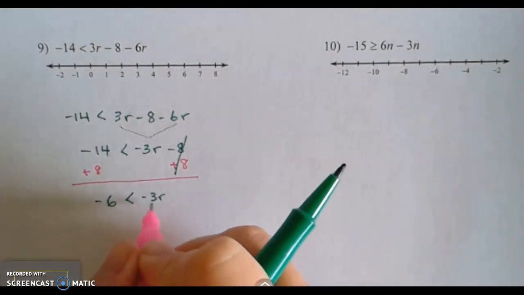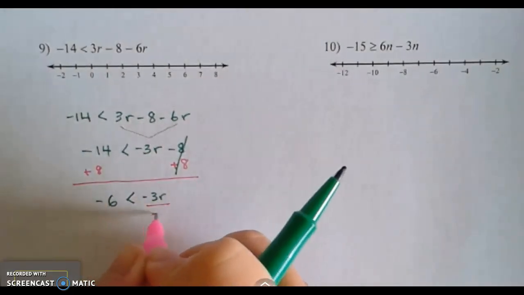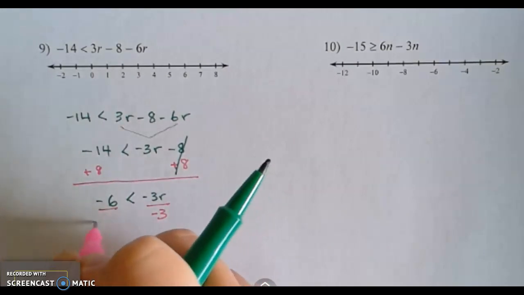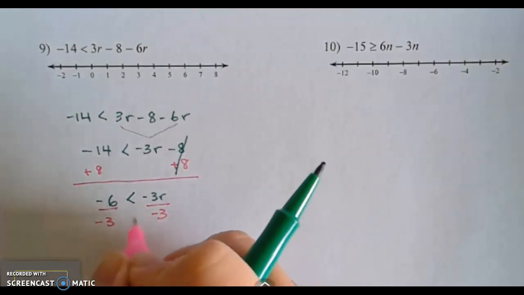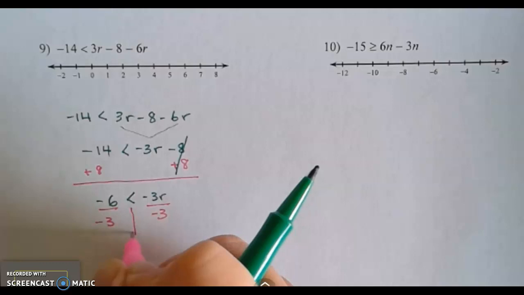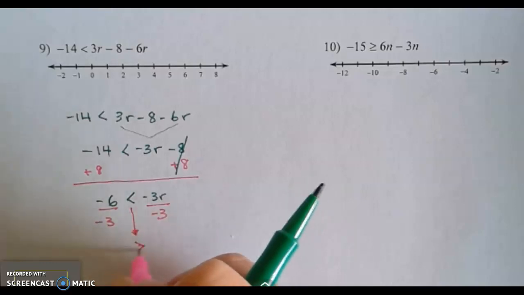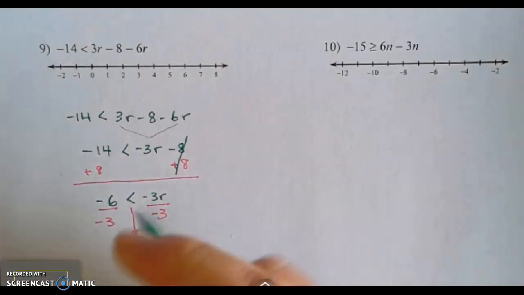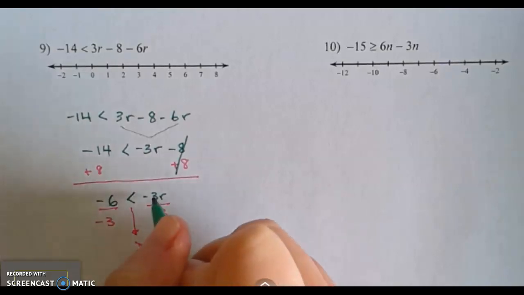Now we are going to divide both sides by negative 3. And when we divide both sides by a negative number, I need to flip the inequality. So from opening to the right, I am opening to the left.